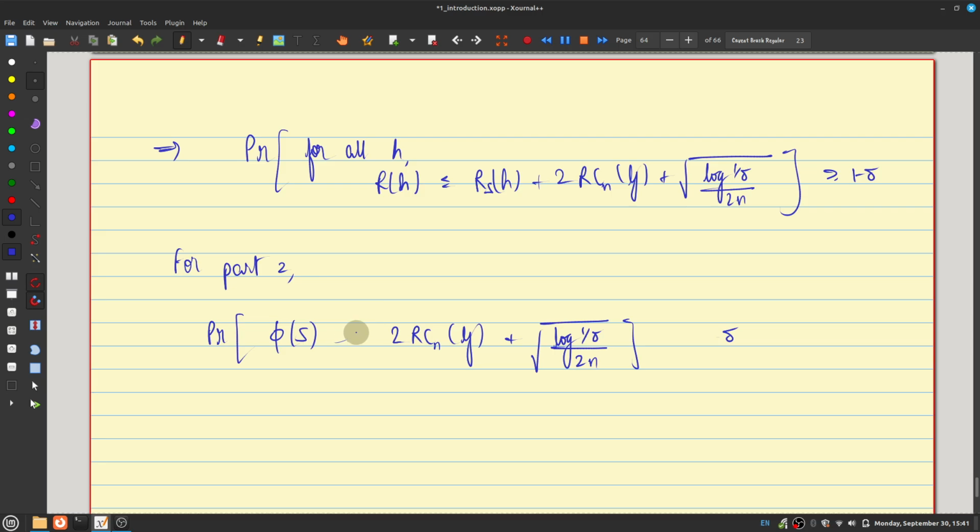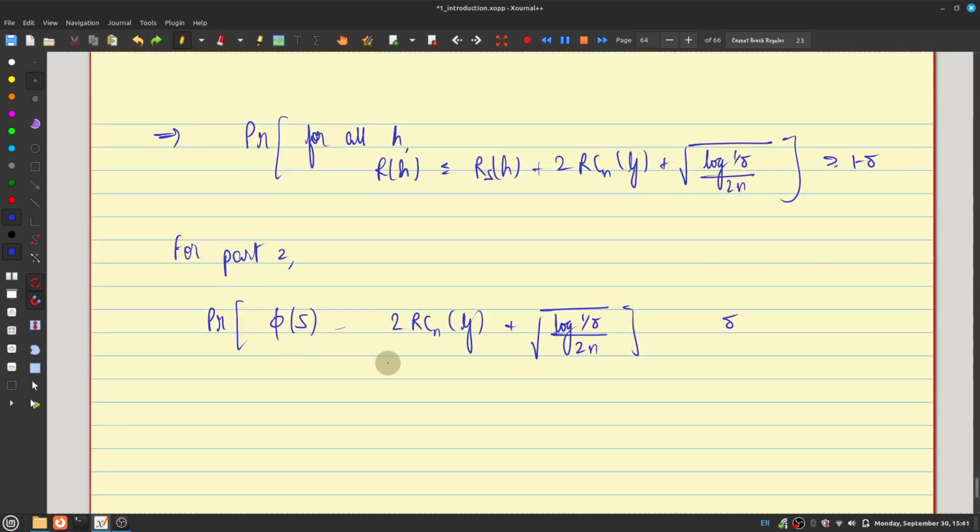P of S is less than or equal to delta. This is what we showed, right? This is what we've already shown. If I want to choose a delta by 2, then you get just a log 2 over delta over here.